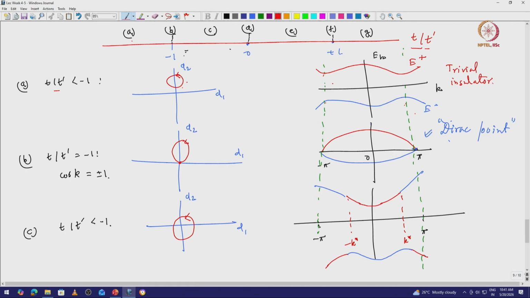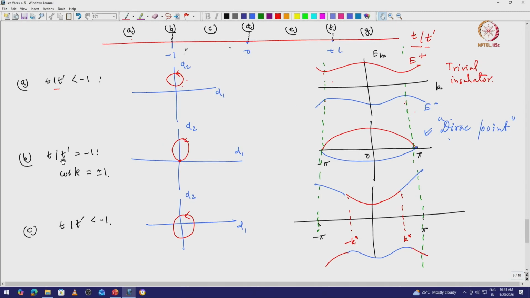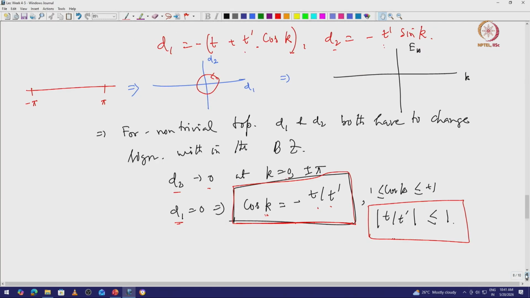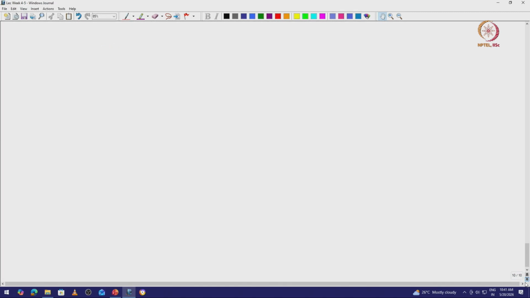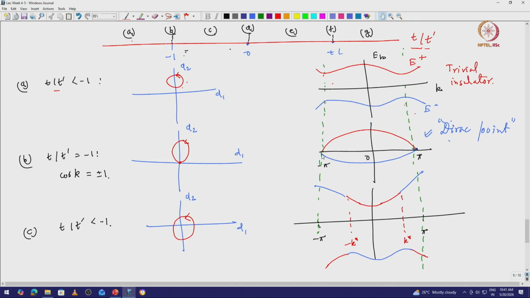Okay. Now, something interesting happens when T equals minus T prime. Remember this expression. So, d1 now, you can take T out, so it is 1 minus cos k, and that term goes to 0 when k equals 0.